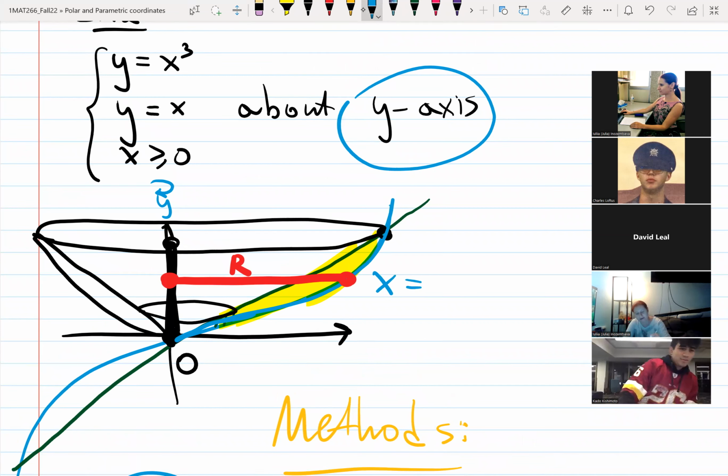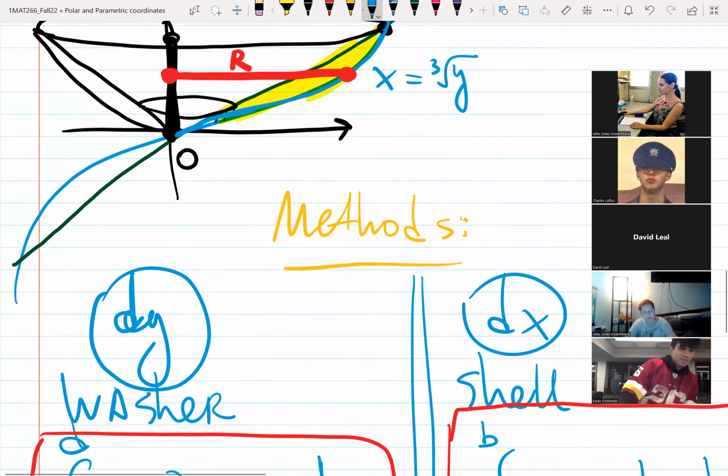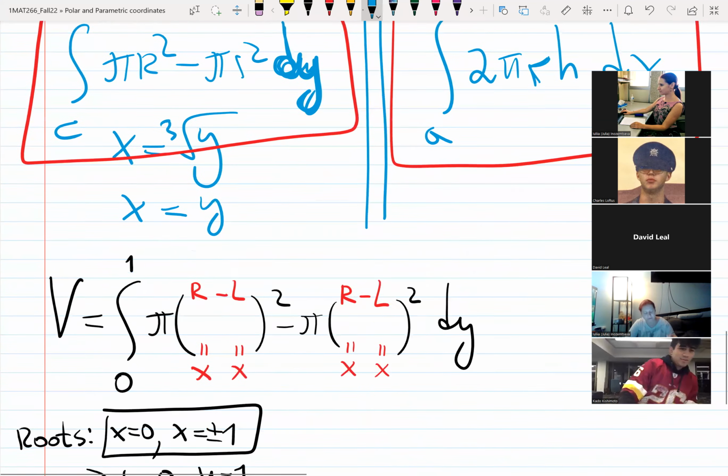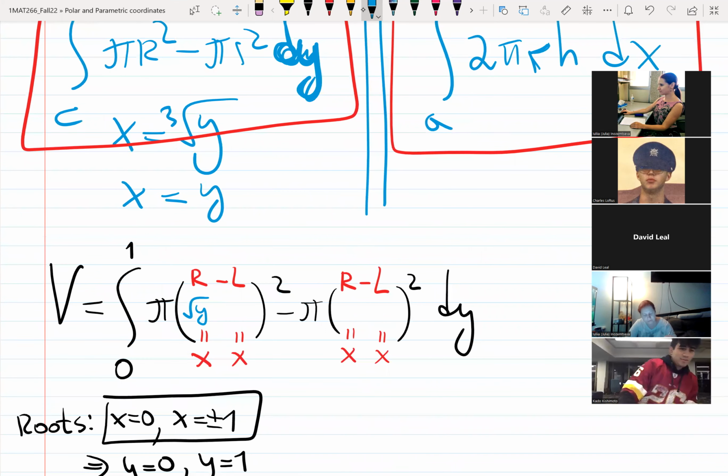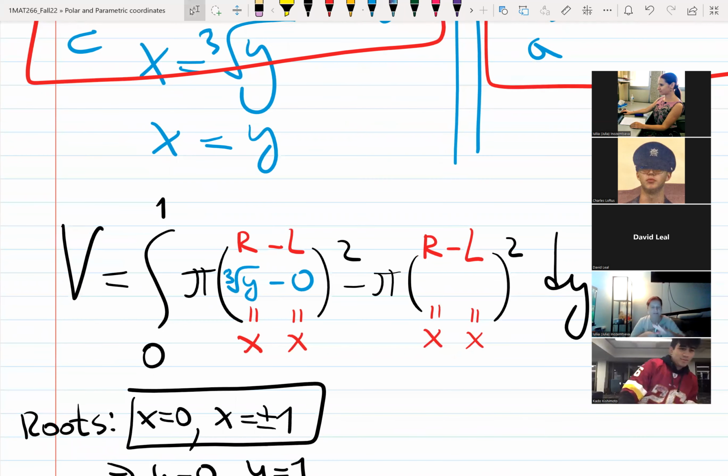It's x equals cube root of y, because we need to write it down as x equals blah, blah, blah. Whatever is the function on the left is not y-axis. We're going to call it x equals 0. So it's going to be whatever is on the right, which is bigger, cube root of y, minus 0. Think about this a little bit and let me know, what do you think?